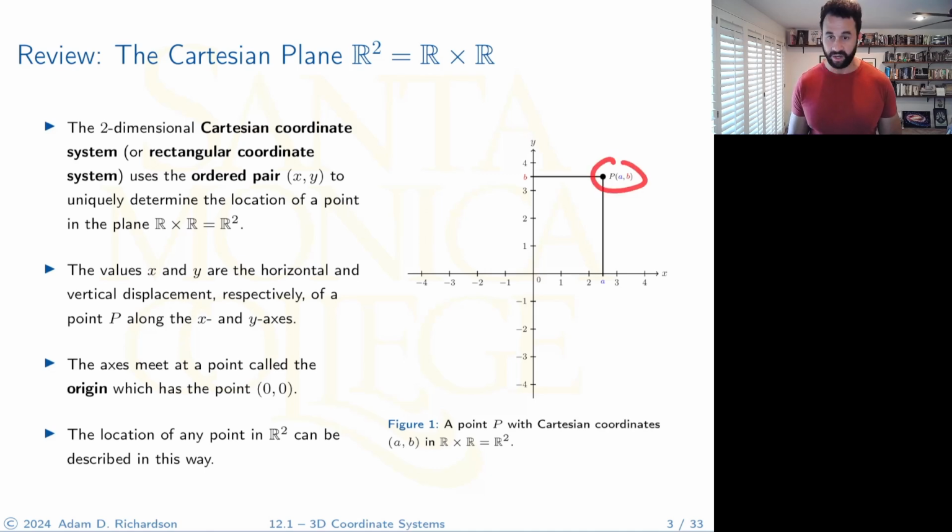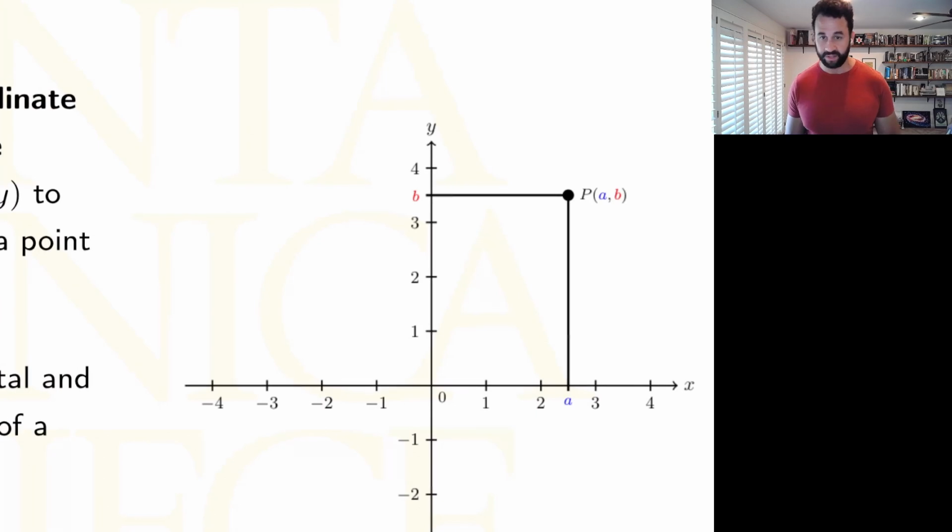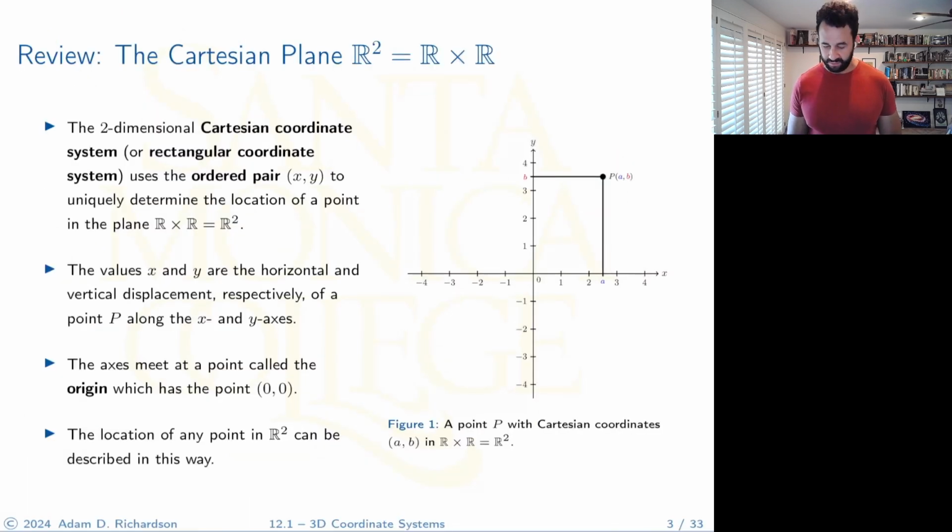So like here's the point (a, b). It's because you go this way, a units in the x direction, and you go this way, b units in the y direction, and that's how we describe this point. All right. The axes meet at a point called the origin. It's (0, 0). And the location of any point in the plane can be described in this way. So if you give me this point up here, I can tell you the exact location of that point.